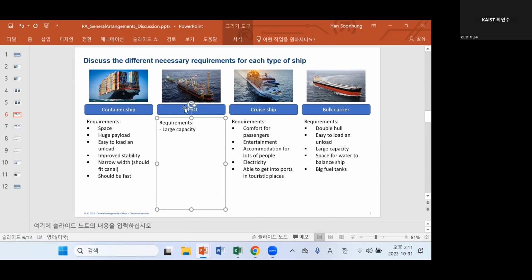Yeah, space for pipeline. Pipeline, yeah, exactly. So there is some barrier to prevent oil leakage. Very good, yeah. Well, it needs to be anchored to the ground. Anchored, yeah.